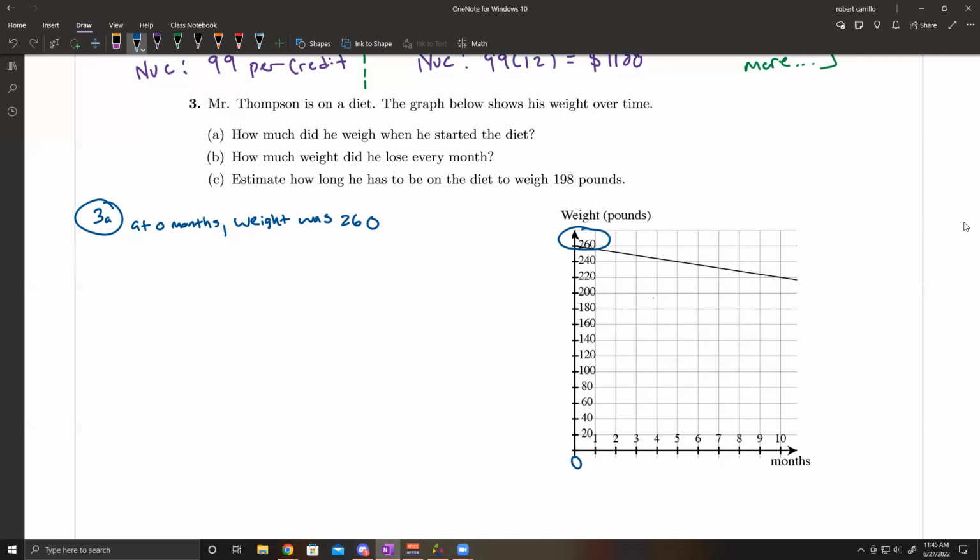Now, in B, it says how much weight did he lose every month? So we want to know the trend in his weight loss. In order to find that, we are going to be looking for the slope. What was he decreasing at every month? And remember, slope is rise over run. So on this graph we look for the clearest point possible.